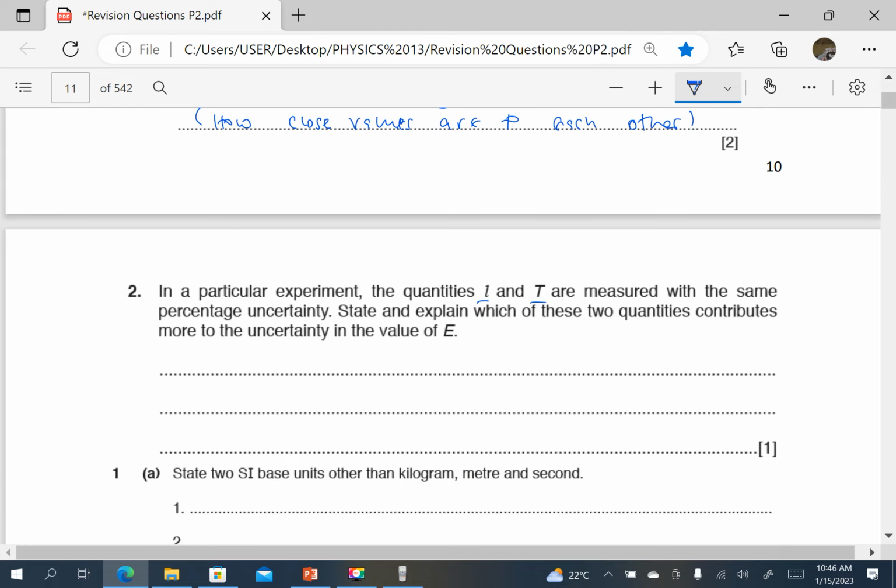So we say L is cubed, so it contributes 3 times the percentage uncertainty.